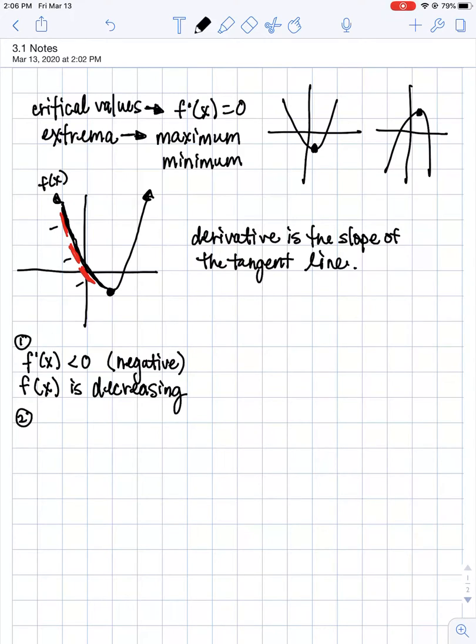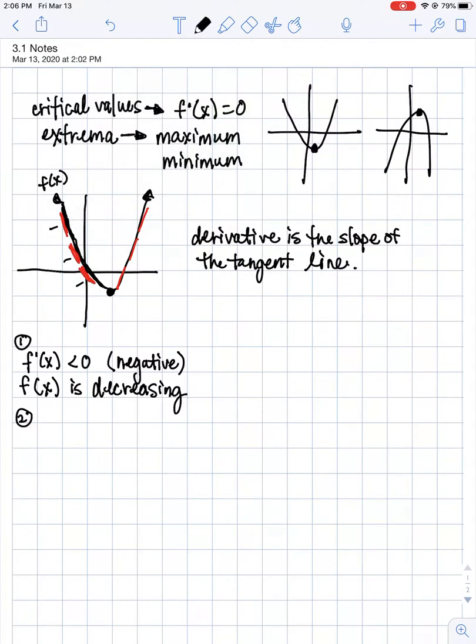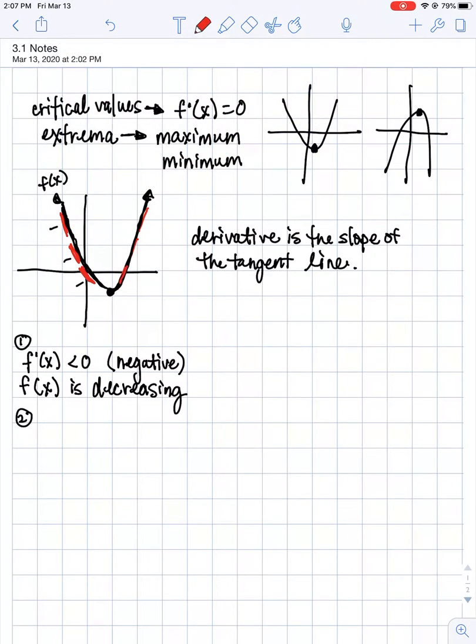Another big idea, take a look at the other side of the parabola, guys. Over here, we can see that I have a positive tangent line, a positive tangent line, a positive tangent line. So positive slope, positive slope, positive slope. When I have a positive slope, f of x is increasing. This graph is going up, up, up, and the tangent lines right here are positive.